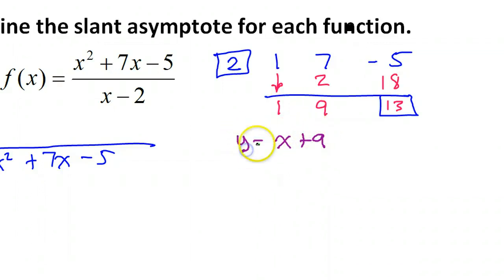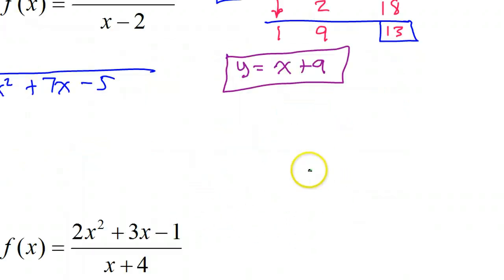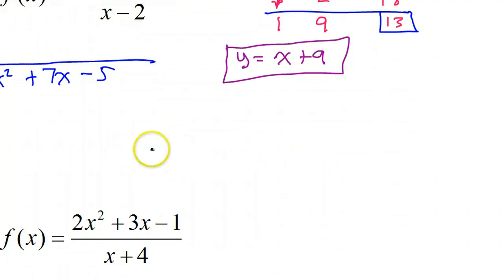So y equals x plus 9 is the slant asymptote for this particular graph. That's literally a diagonal line that has a y-intercept of 9 and it's going up 1 over 1. We'll worry about graphing later.